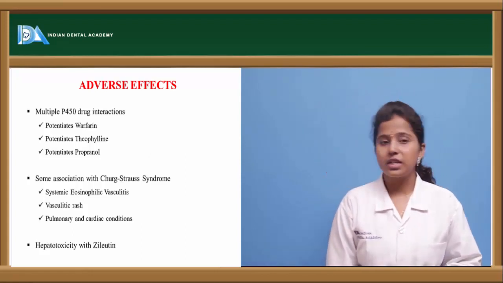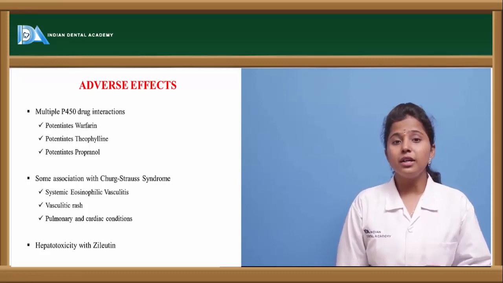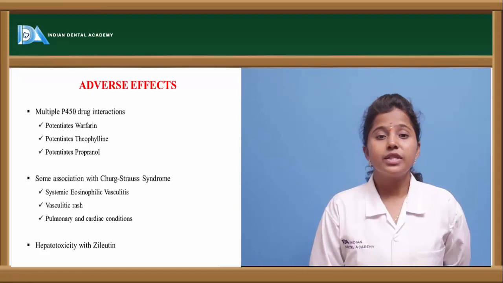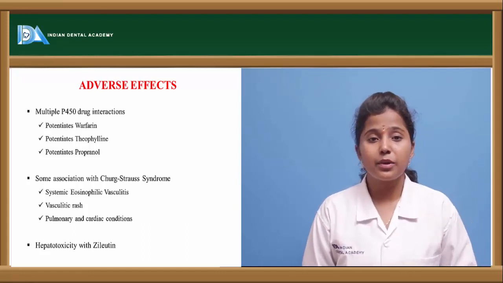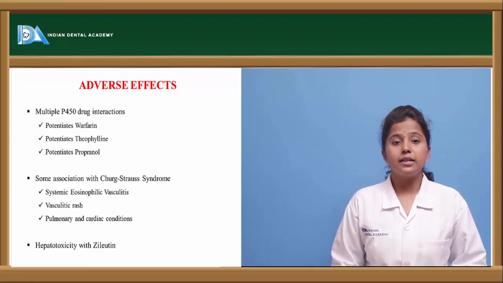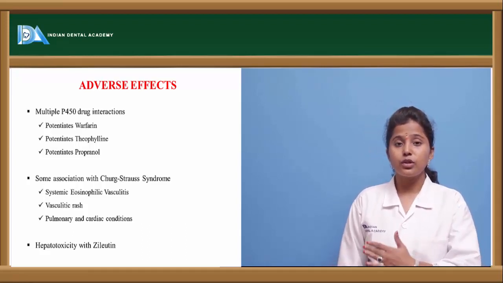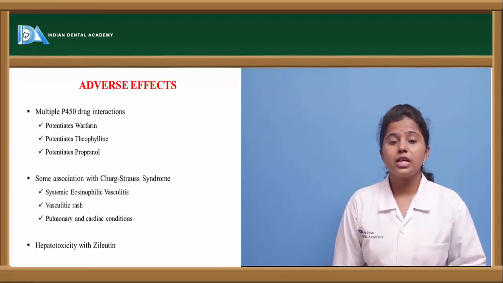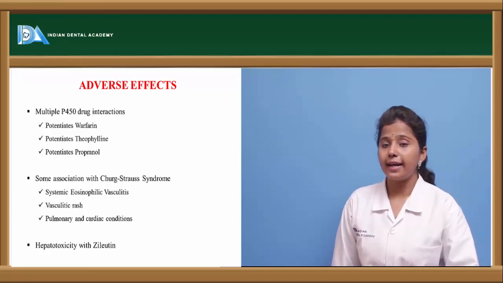And hepatotoxicity with zileuton. Zileuton is a leukotriene receptor antagonist which has a special side effect called hepatotoxicity. If zileuton is given in more amount, then hepatotoxicity is observed. So these are the few side effects observed because of these leukotriene receptor antagonists.